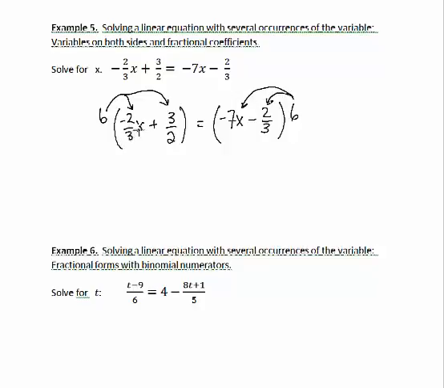Now, if a term has a denominator, then what we'll do is we'll say, take that denominator and divide it into the 6. So with this first one we have 3 divided into 6 gives me a 2, and that will multiply the negative 2x on the top.